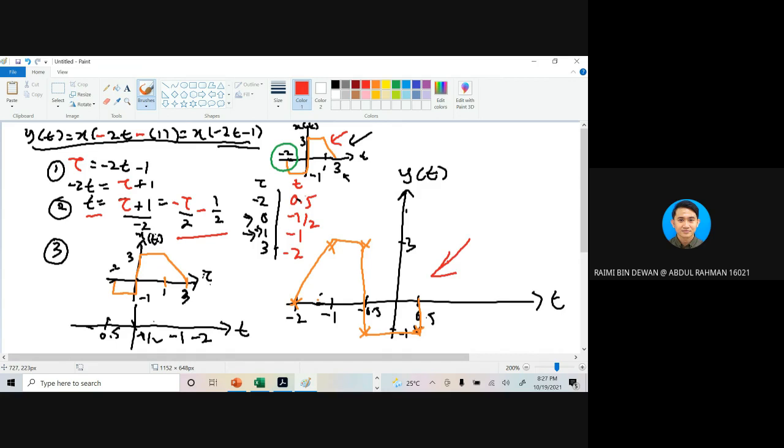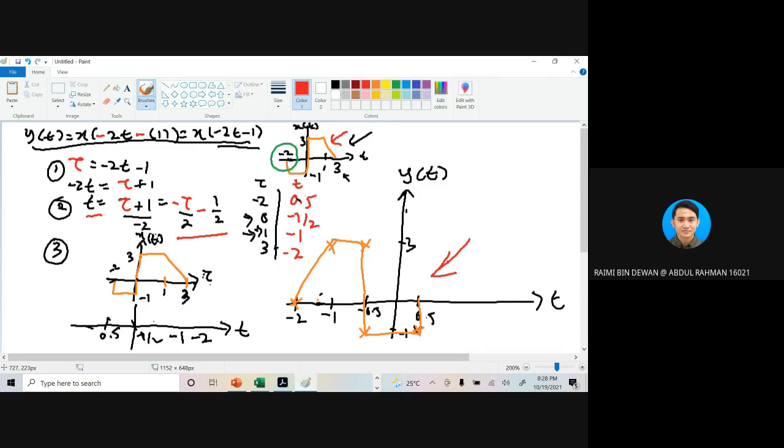Now ask yourself, for the new signal, what operation has been involved in it? Is time shifting involved? Is time inversion involved? Or is time scaling involved or not? Or a combination of them. So this one, try to answer my question yourself.